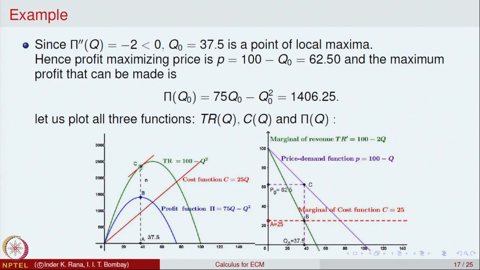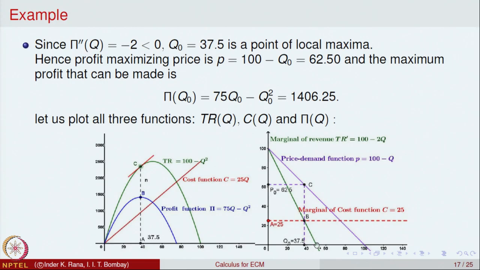Now, here is an observation that we should look at on this side of the graph. This is the price demand function, the blue one, and the green one is the marginal revenue. This red line is the marginal cost.